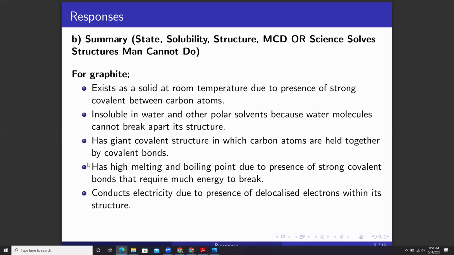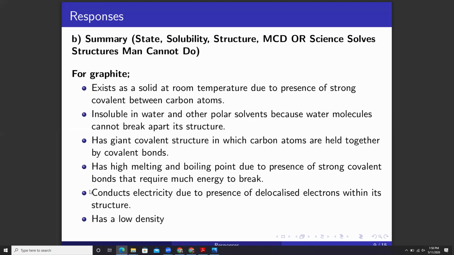For giant covalent, colleagues, you always interact with graphite, diamond, and sand. How do you memorize those properties? State, solubility, structure, melting point, conduction, density. This other one does not apply to the others.